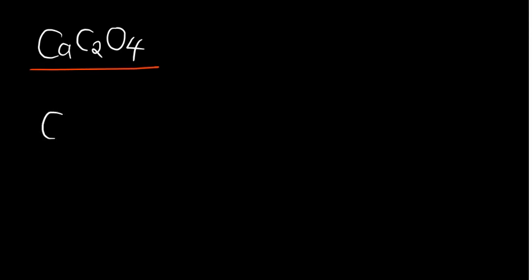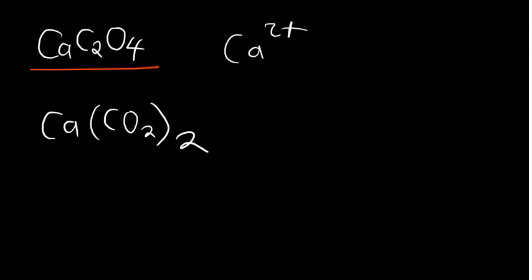It's calcium CO2, 2, right? Because we know calcium comes from group 2, so it has a charge of 2. So this one has to have a 2, so that we can see that basically it was carbon dioxide. They just wanted to confuse us. Are we okay?